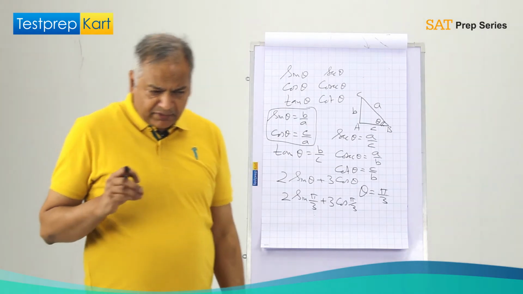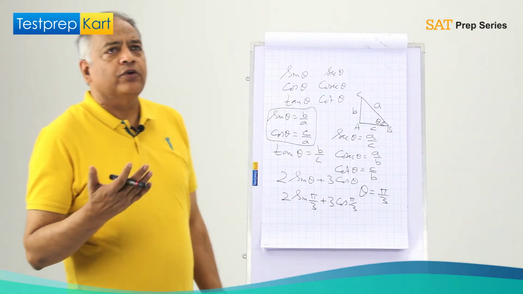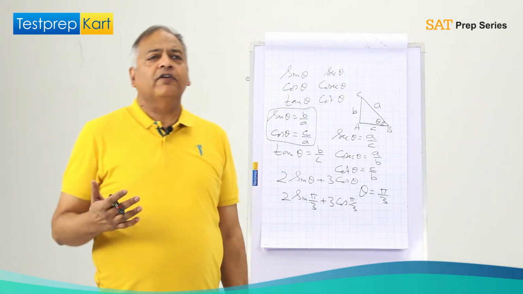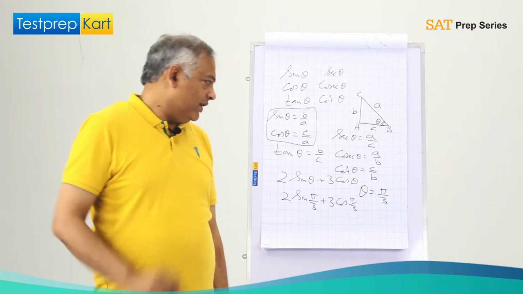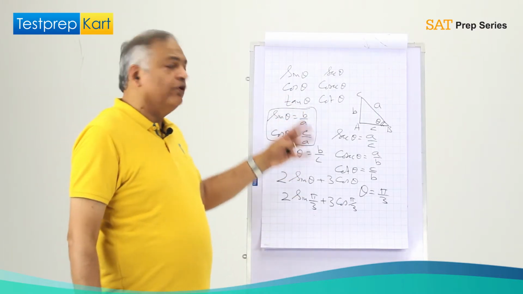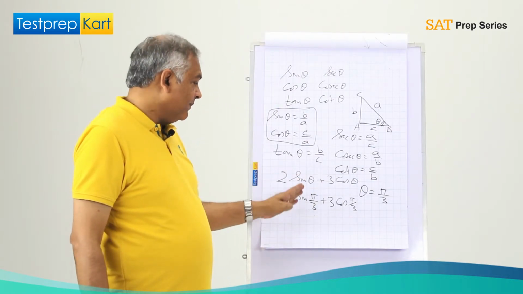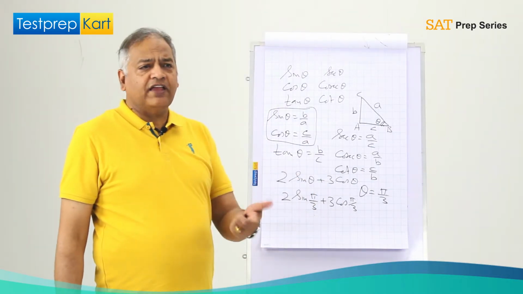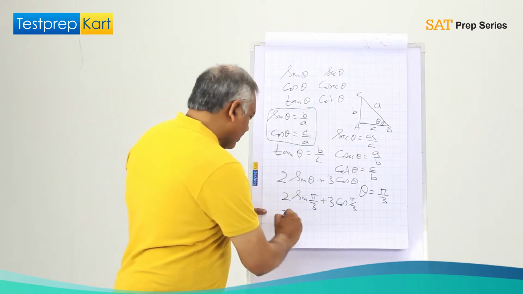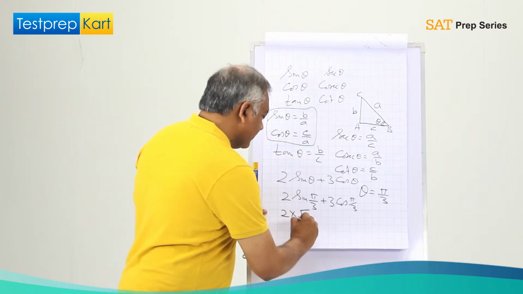Now, there are some important angles like 0, 30 degrees, 45 degrees, 60 degrees and 90 degrees, for which you should know the values of sine, cosine and especially the other trigonometric functions. Sine pi by 3 is sine 60, and its value is root 3 by 2.